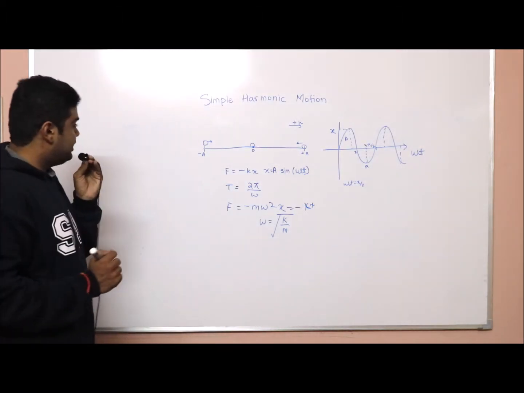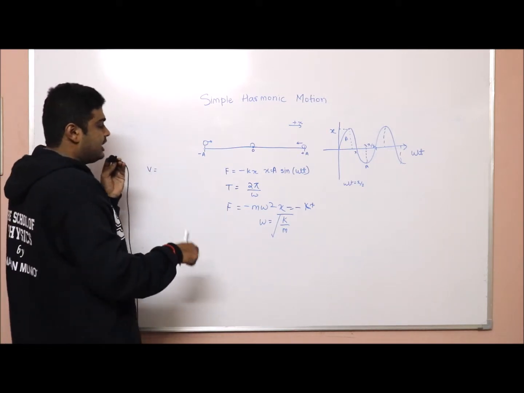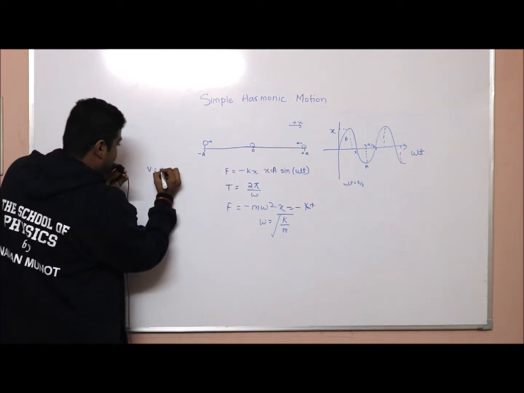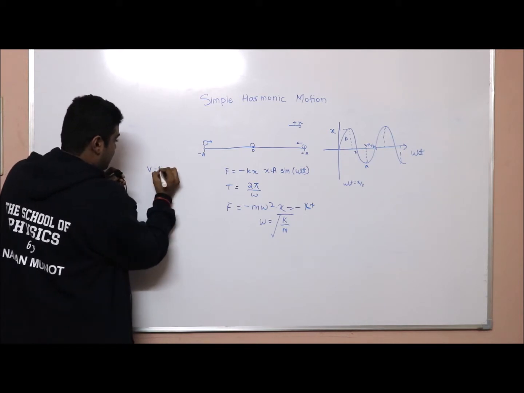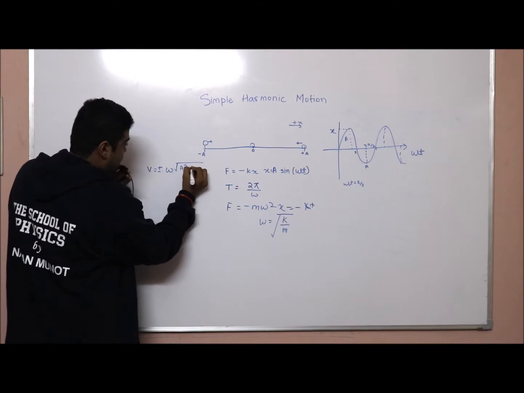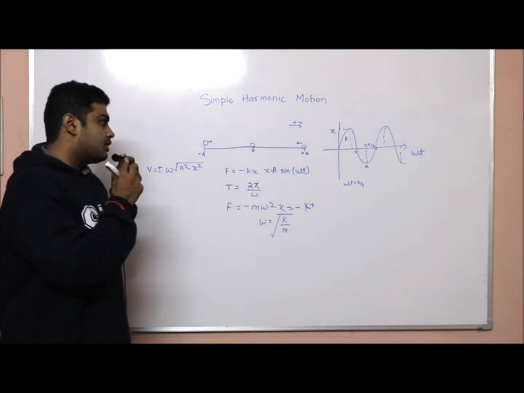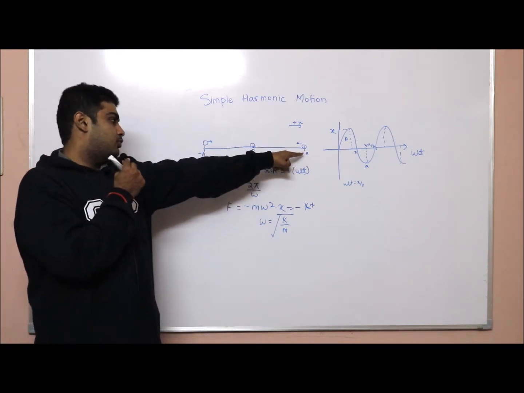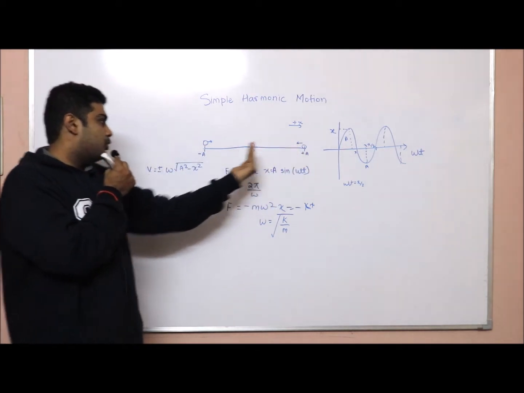The next thing that we figure out is velocity. Velocity at any point x is written as plus minus omega under root a square minus x square. So in SHM, when x is equal to a, the velocity is going to be 0 and it is going to be pulled backwards.